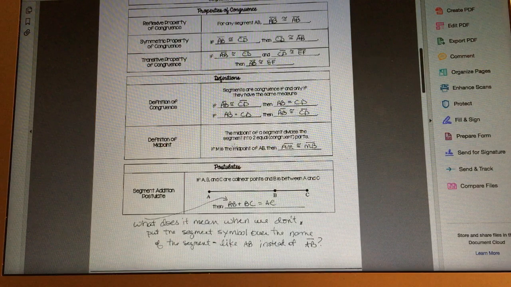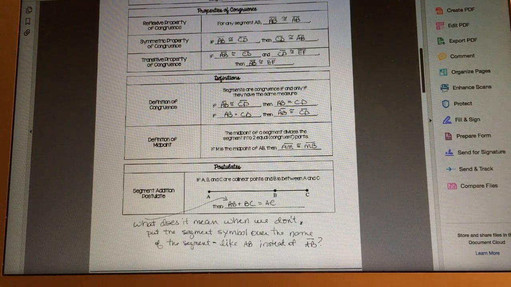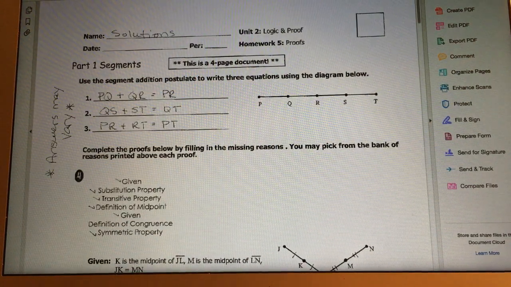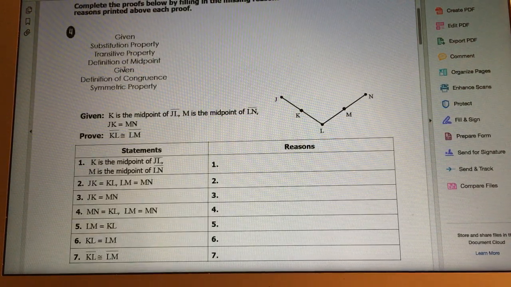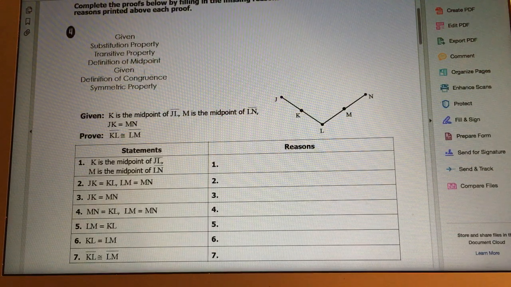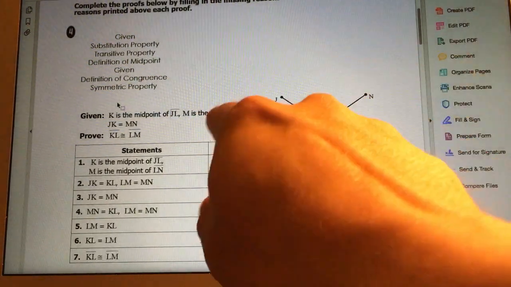Definition of a midpoint states that the midpoint of a segment divides the segment into 2 equal or congruent parts. So that's what definition of a midpoint tells us. Given, we know givens are used when we make a statement that the reason why we can make that statement was because it was given to us right here.